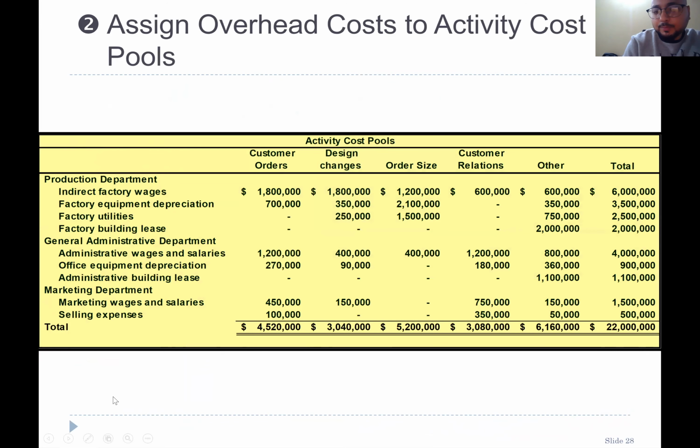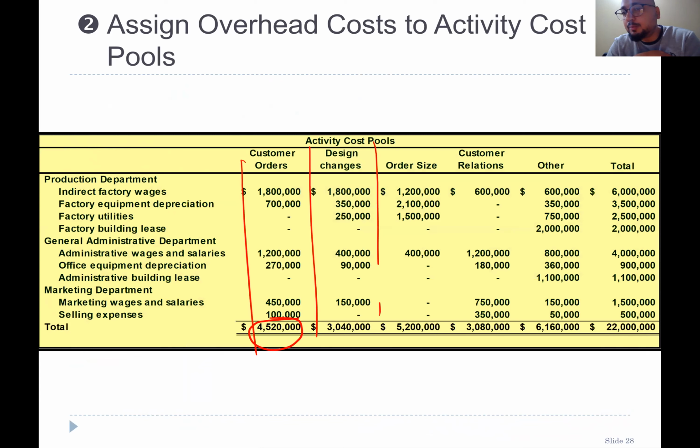So what are cost pools? This is the cost pool. Customer order cost pool is 4.52 million, right? So what are cost pools? Cost pools consist of different buckets in which costs come from different sources, right?